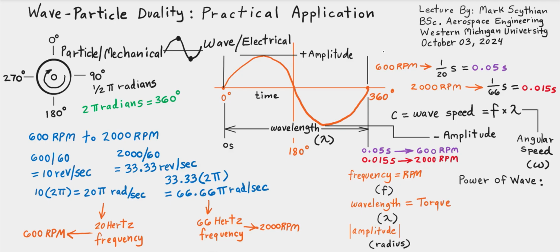So that might be a question that comes up: is this a parallel or a series AC generator connected to there? Because we're able to change the frequency of that wave, that means we're able to change the velocity of the wave. So it is not going to be a parallel circuit, it's going to be a series circuit.